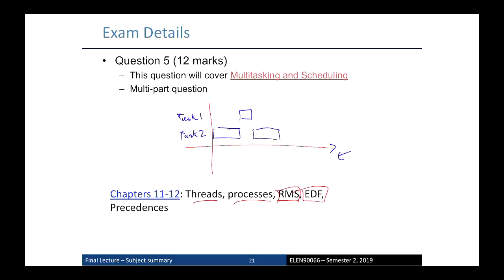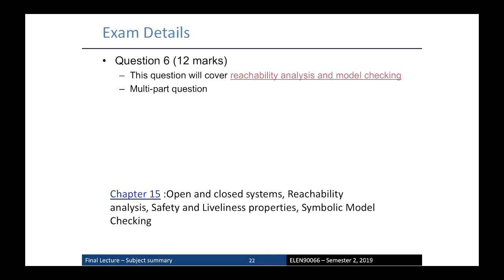2 questions to go. Question 6, what do you reckon? What haven't we covered yet? Data hazard, security. 15 marks, sorry. So reachability analysis and model checking. No surprises. It's a multi-part question.